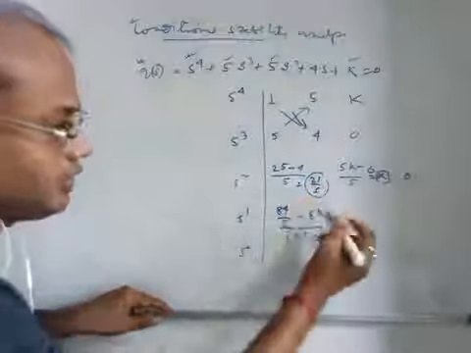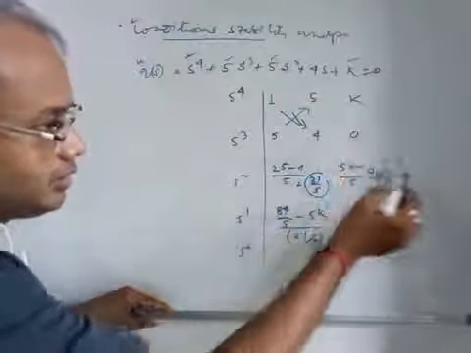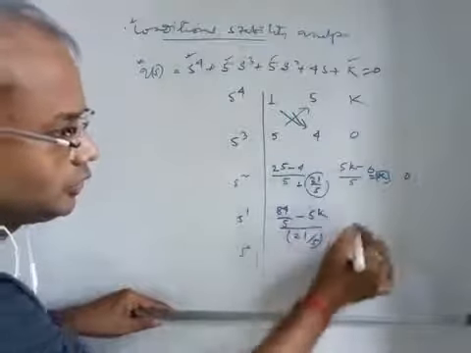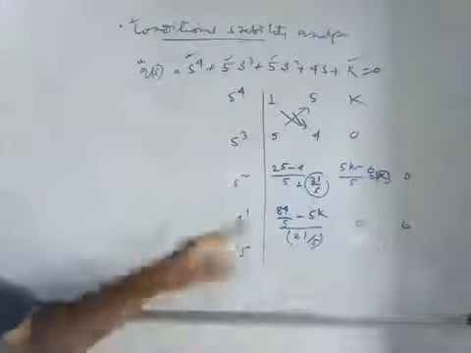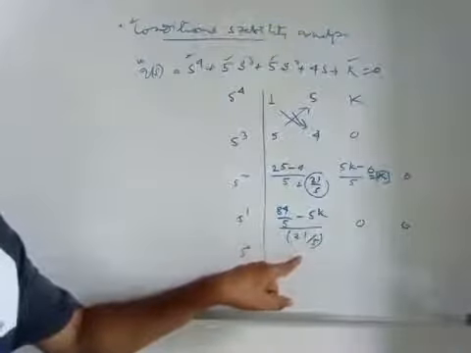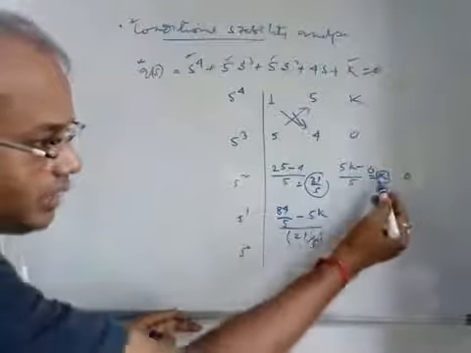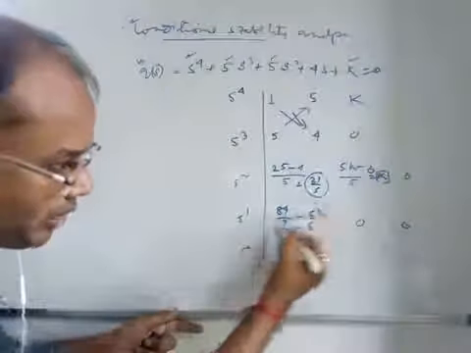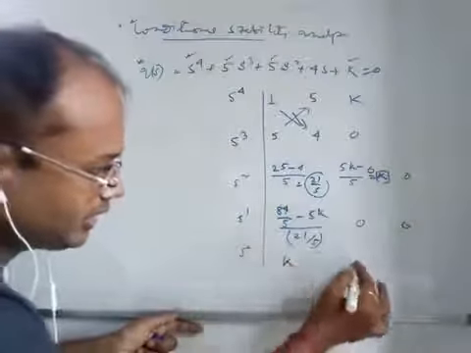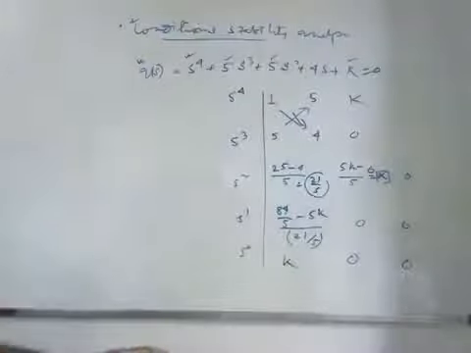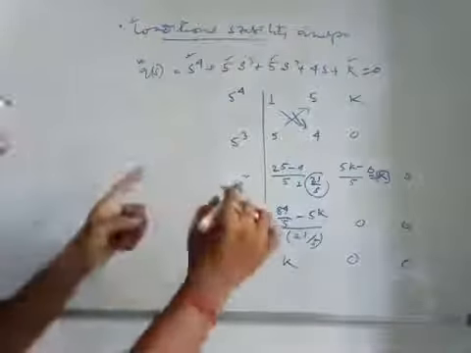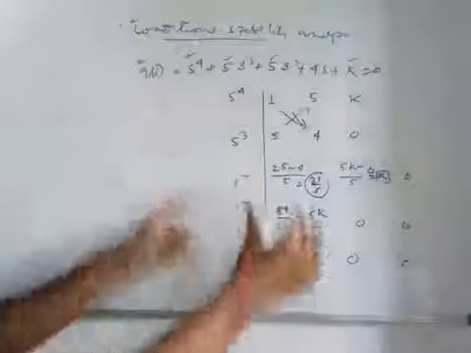So this is the first element. Next this is 0, this is 0, so this will be all 0. So 84 by 5 minus 5K by 21 by 5 is the expression. Next this into K minus this into 0 by this, that means there will be K, 0 and 0.